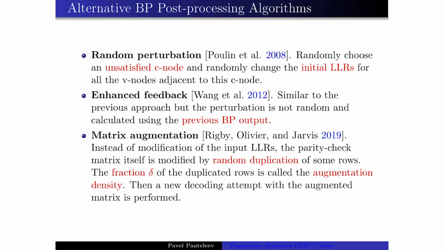We also compared our approach with existing approaches that improve the performance of belief propagation, such as random perturbation, enhanced feedback, and matrix segmentation. I should emphasize matrix segmentation because it's quite new, and this paper appeared just 3 weeks before our paper. It's a quite new and interesting algorithm, so I will show you that it works the best among these three.